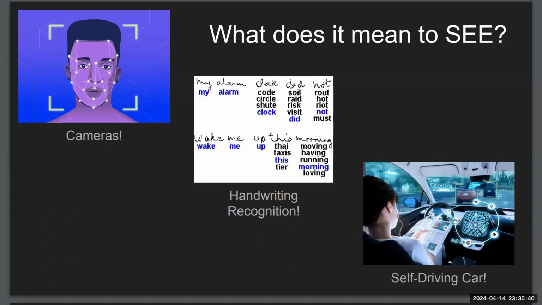Secondly, in this image, you can see that there is some text that has been handwritten. As humans, we are able to read it. We are able to read the sentence, which is, "My alarm clock did not wake me up this morning." A computer is also able to do something similar, and it is able to recognize a person's handwriting.